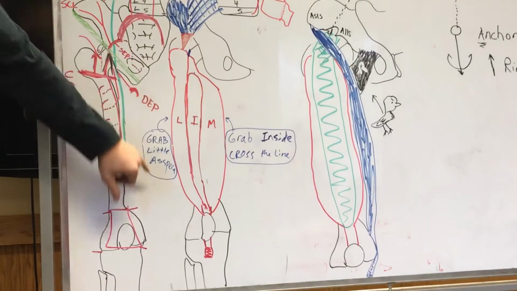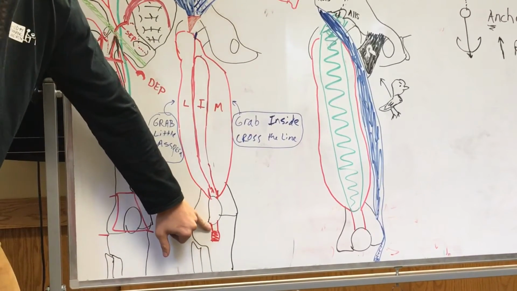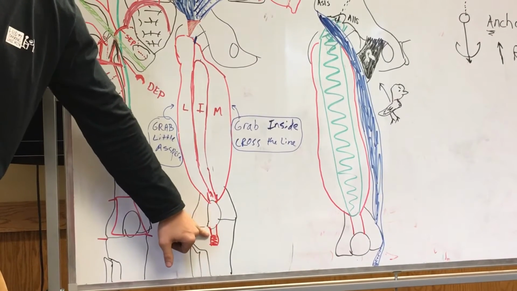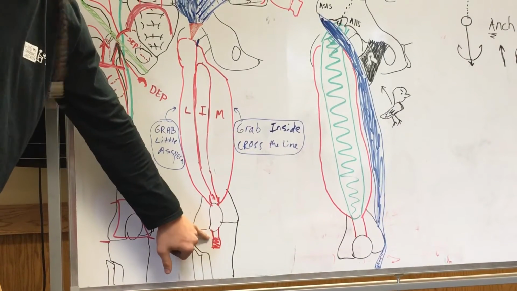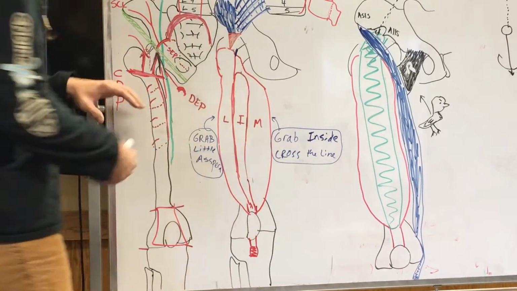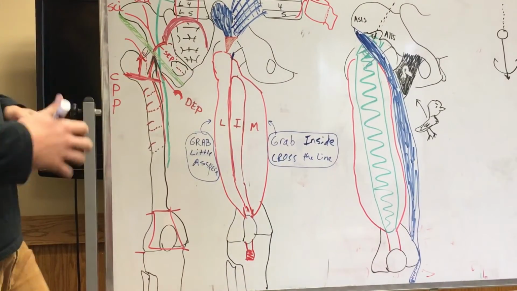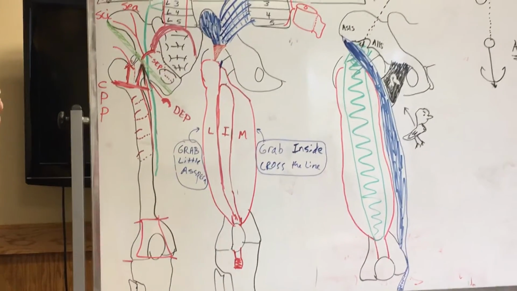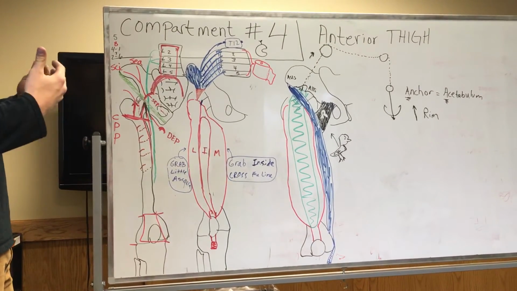All of the quads insert into the patella, which then inserts into the tibial tuberosity via the patellar ligament. We've struggled over that one. So now we've got the 3 vastus inserting there. The origin points for the 3 vastus were a little bit tricky, so we've had to come up with a couple ways that we're remembering these.